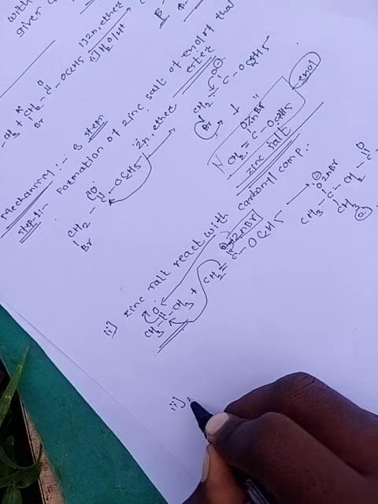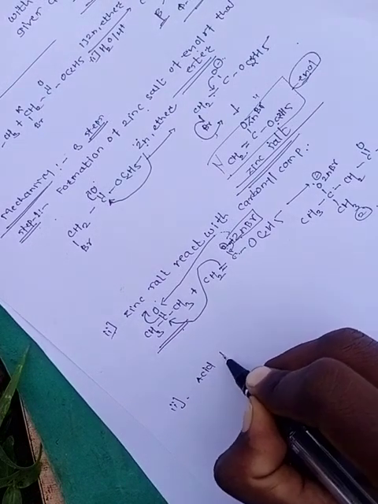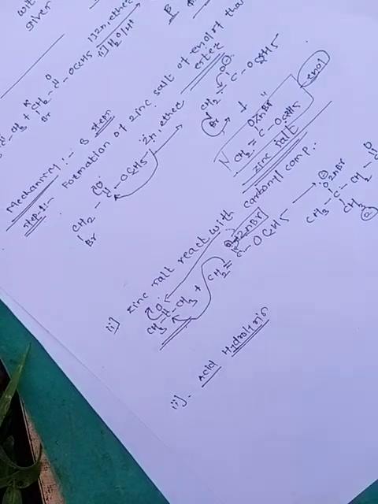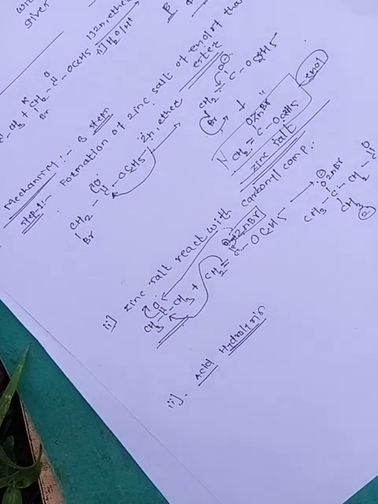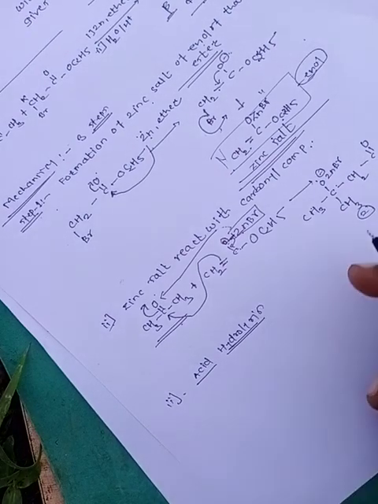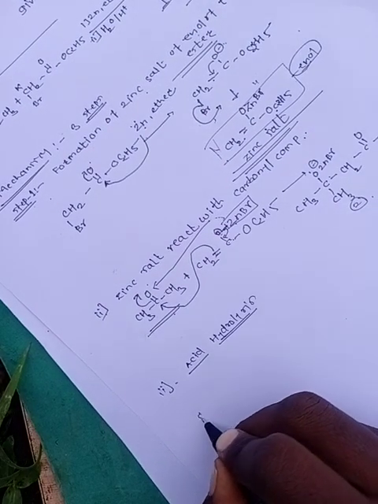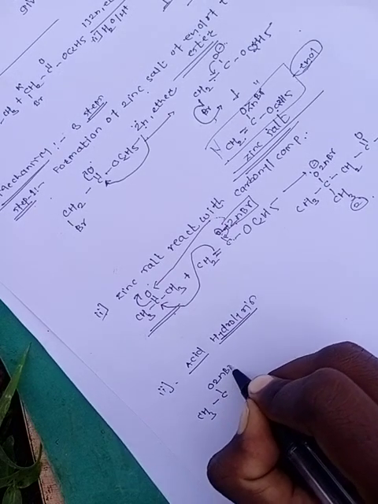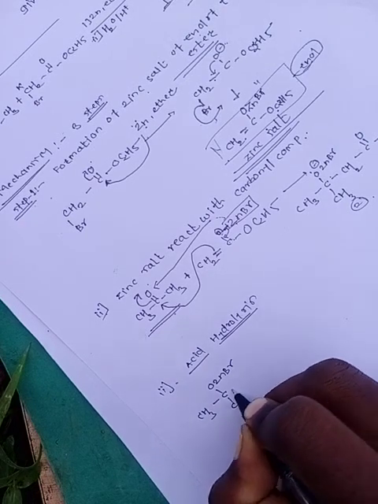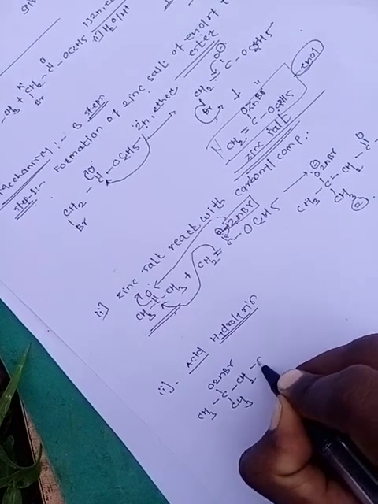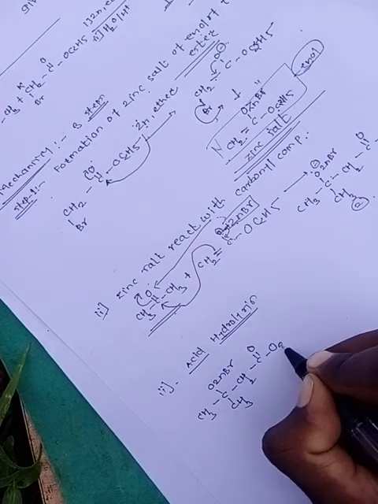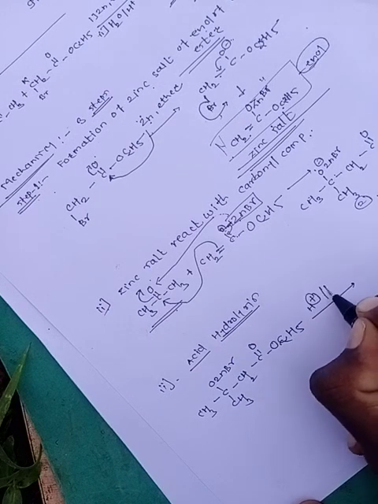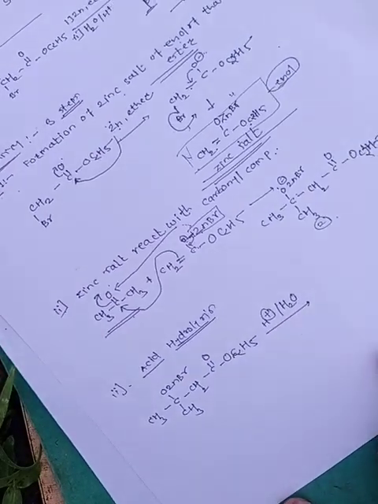Then the third step is acid hydrolysis to produce the beta hydroxy ester. Take the second step's product, CH3CO, ZnBr as it is, OC2H5, and here acid hydrolysis of that product takes place.